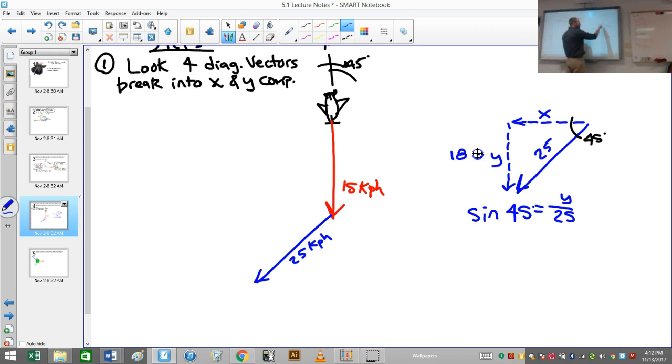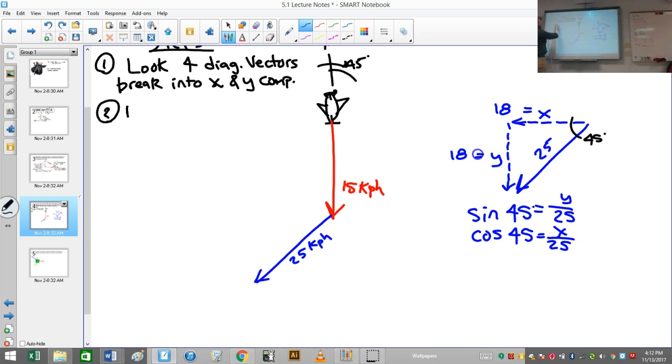Because this is a 45, 45, 90 triangle, this is also going to be 18. I could use the cosine, but it's going to come out to be the exact same number. Step 2: replace the diagonal vectors with x and y components.